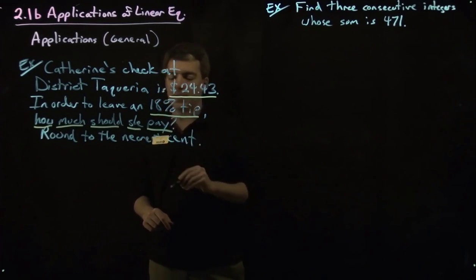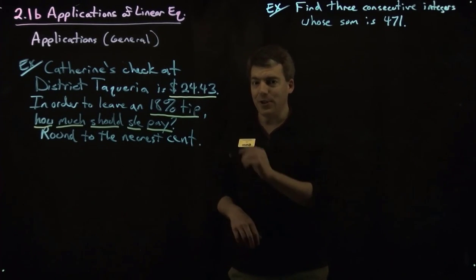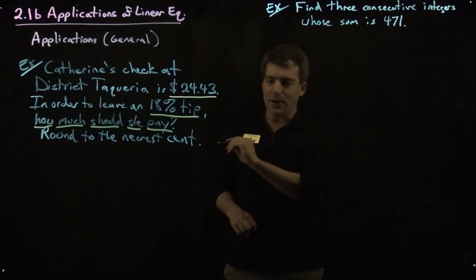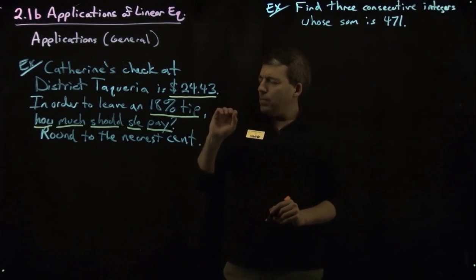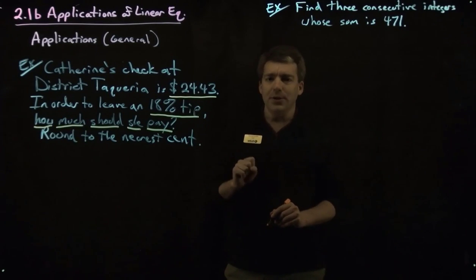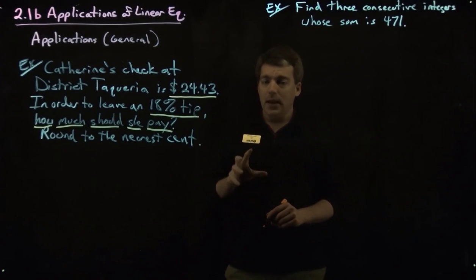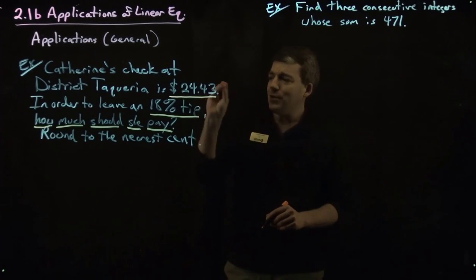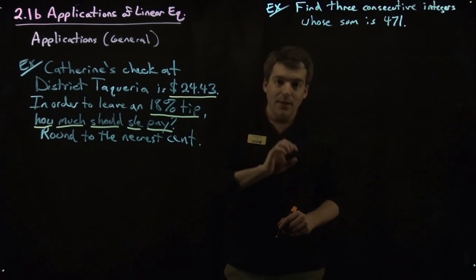And notice we're not interested in reporting just the tip. We're interested in reporting how much should she write down on the check. Here's how much I'm going to pay. All right, so to do this, we're going to, of course, need the 18% tip. We're going to figure out how much that is of this $24.43. Then we'll take that and add it to the check total, or the check amount, to get the total.